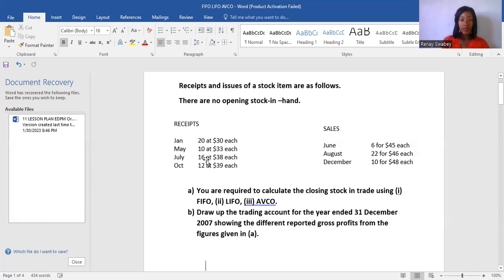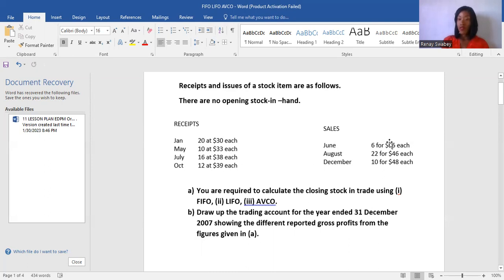In July, Taifa sold Selena 16 cases of peach for $38 each. And then in October, Abigail sold Selena 12 cases of pineapple for $39 each.